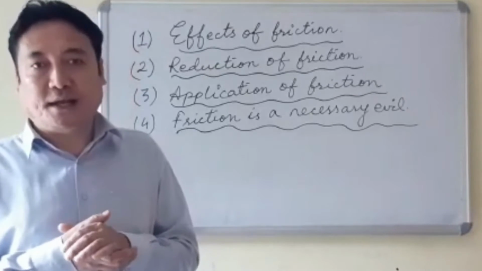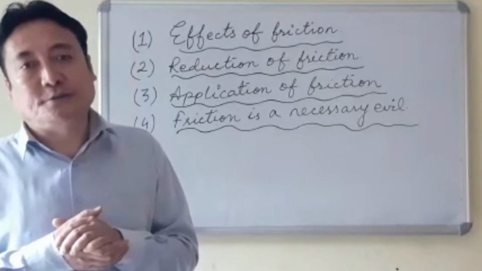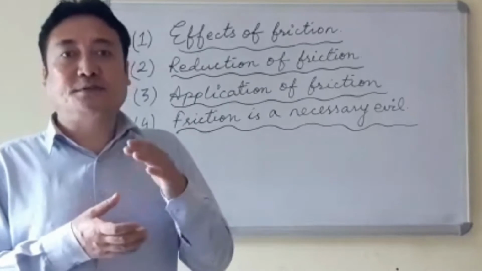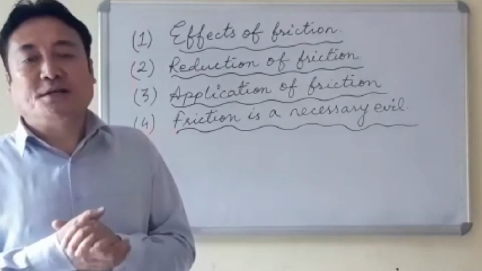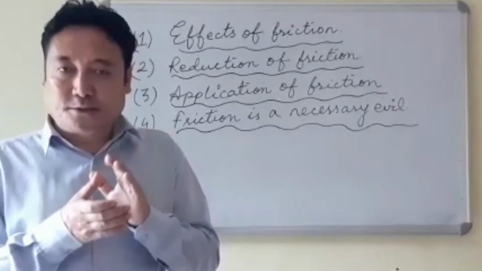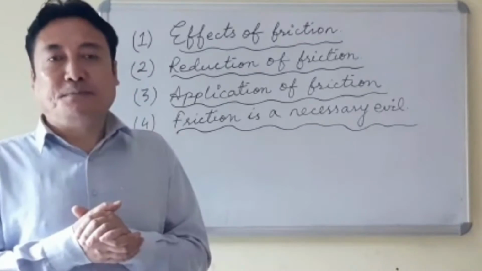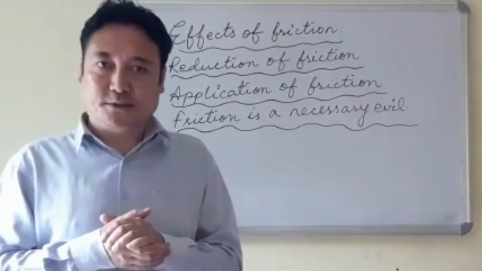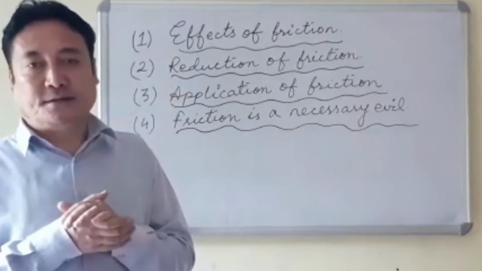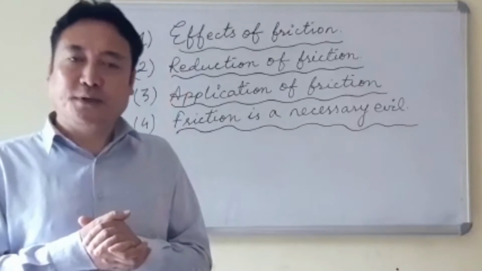That means they get wear and tear, and this is also caused due to friction. Because when you walk on the ground, there is friction between the ground and the sole of your shoes, which finally makes the sole get damaged. So the third one is that friction causes wear and tear.